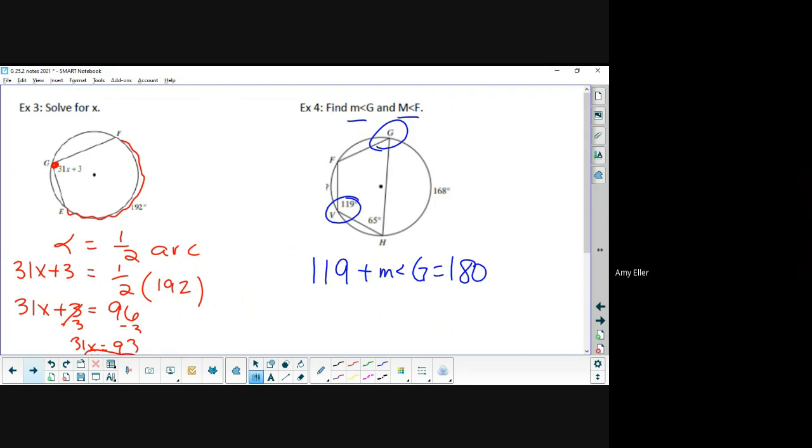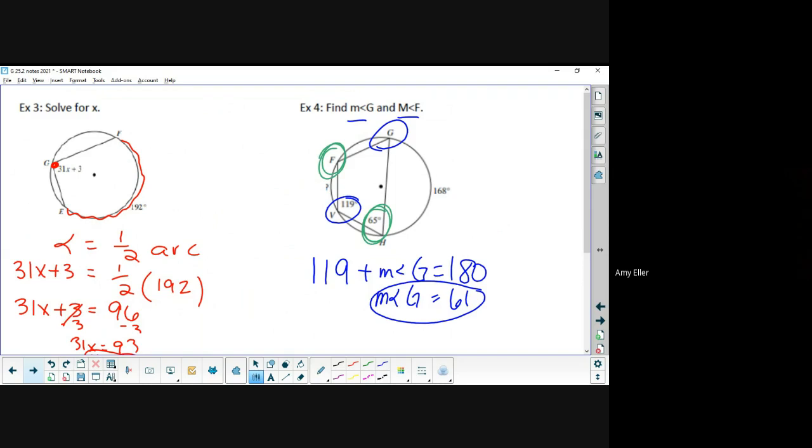Hoping you got this on your own. Subtract 119 from each side. Then I apply the theorem one more time, which says opposite angles are supplementary.